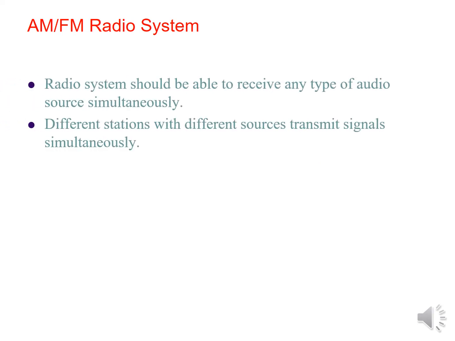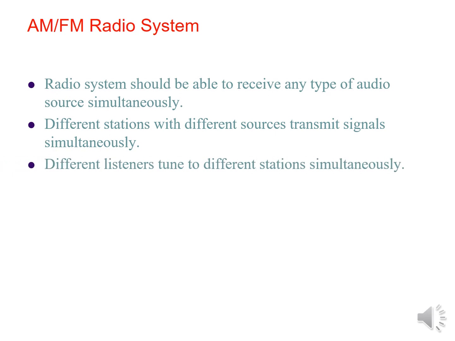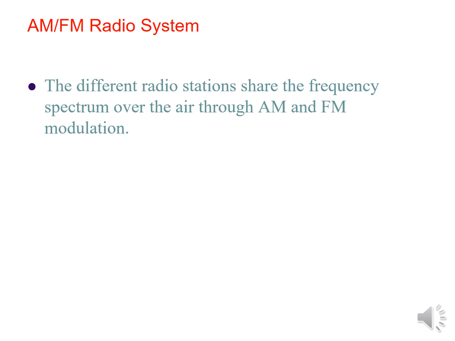So a radio system should be able to receive any type of audio simultaneously. Different stations will have different sources of transmission, of course. To differentiate these received or transmitted signals, we use a tuner to make sure we listen to the correct sources. All radio stations share the frequency spectrum over the air, either amplitude modulation or frequency modulation.